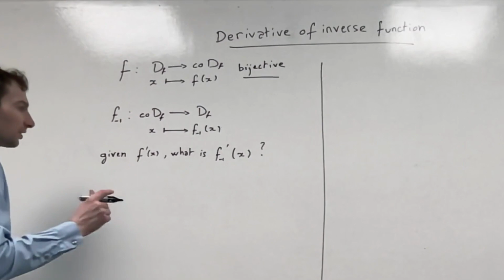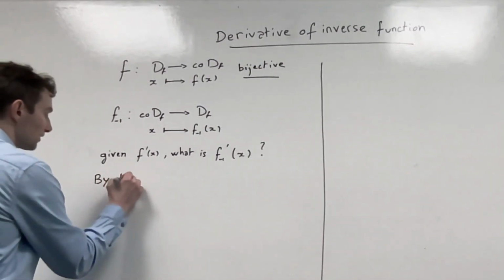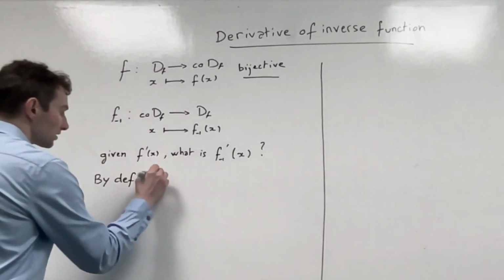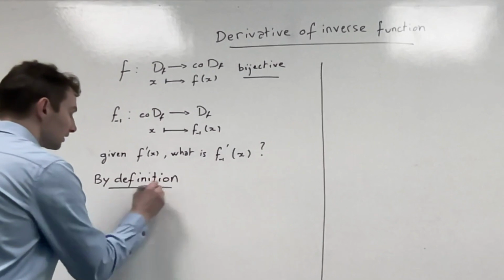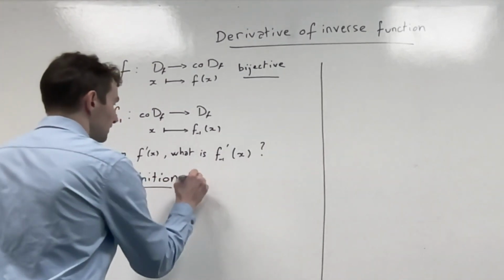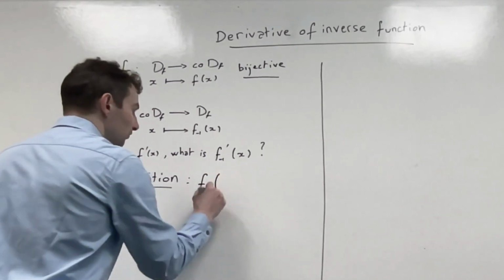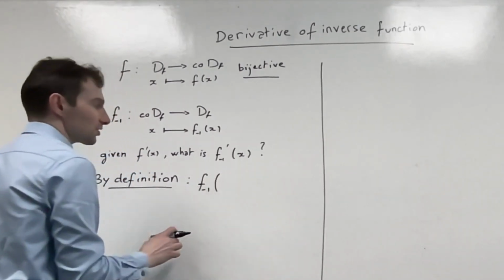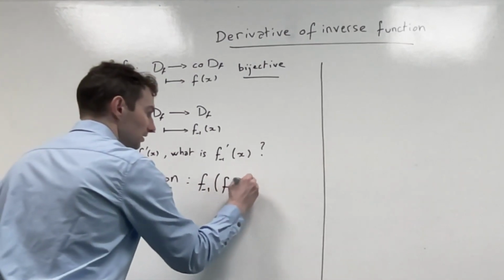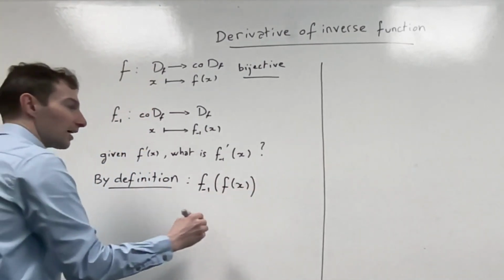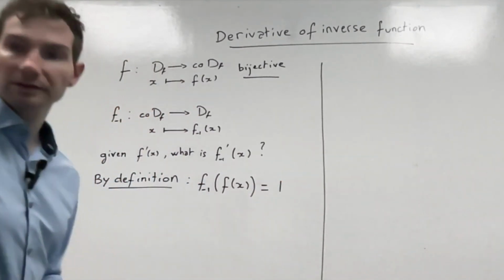So the idea is to say that, by definition, and that's really the definition of the inverse, if inside f -1 you put as an argument, instead of x, f of x, then it has to return x.